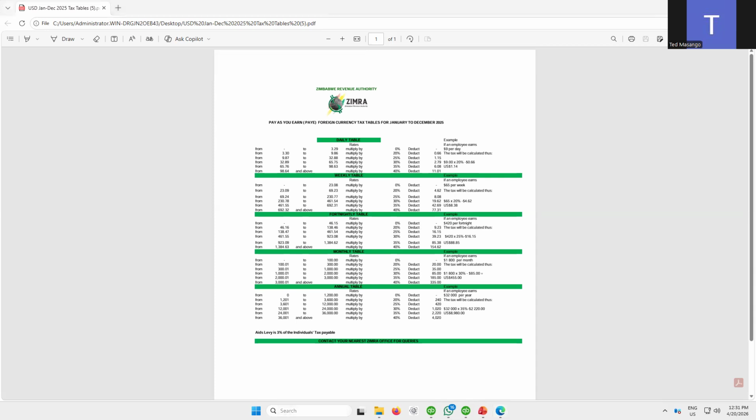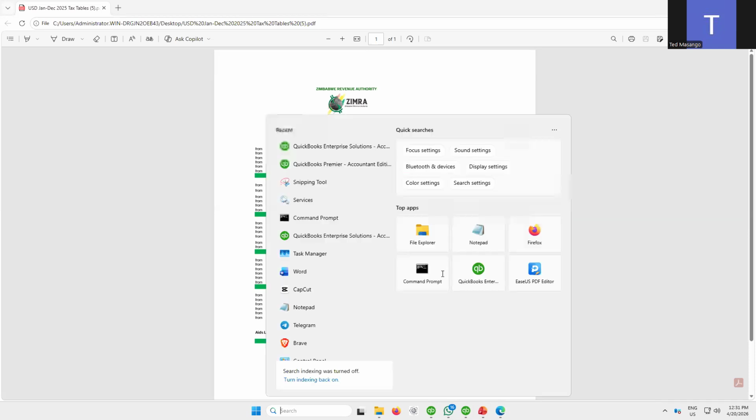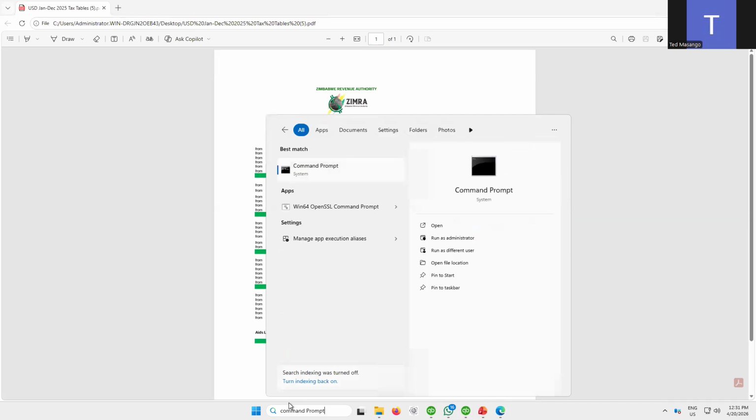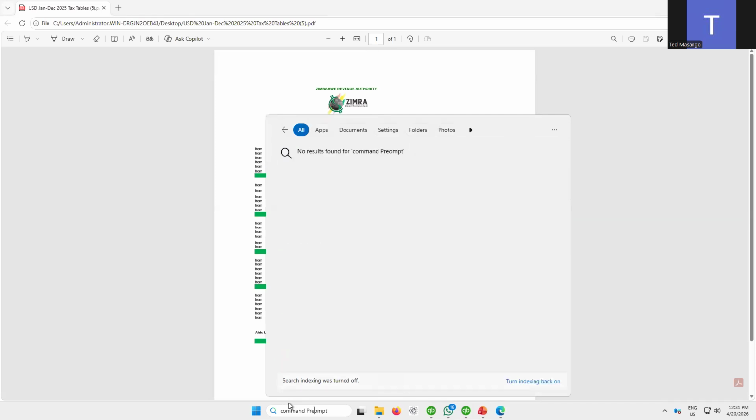So if I were to quickly put up a calculator there, this is how we could actually do that. Let me put Excel there and see if I'm able to put Excel quickly, so that I demonstrate how you calculate that.